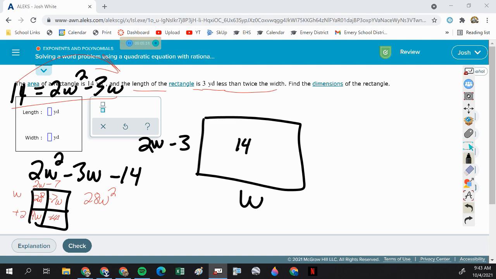So W plus 2 equals 0, and 2W minus 7 equals 0. Okay, now this is a little bit confusing. W equals negative 2, or down here I add 7 and divide by 2. So W equals 3.5. What do you think about those answers?